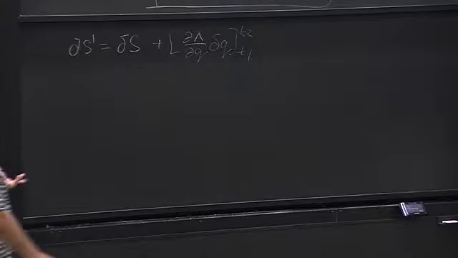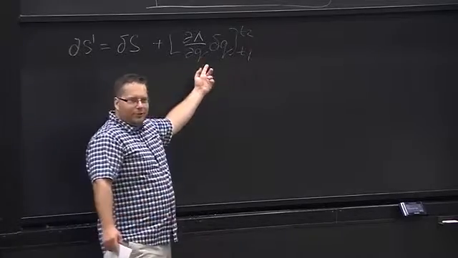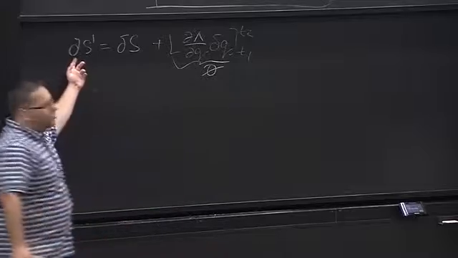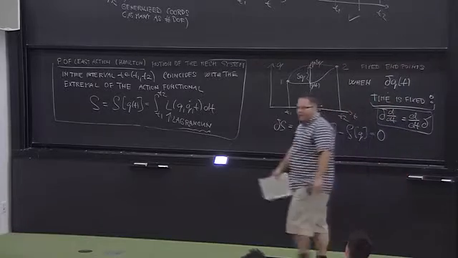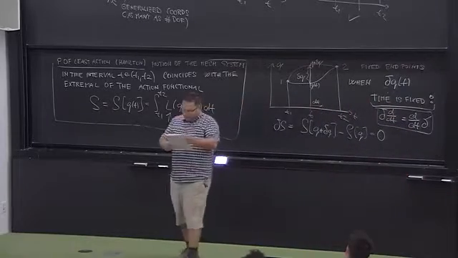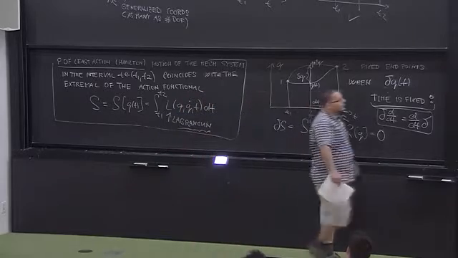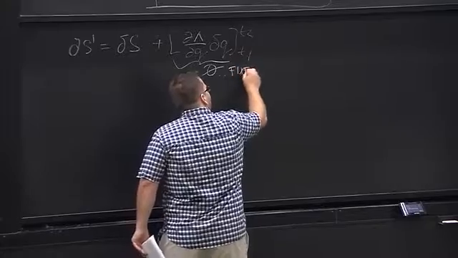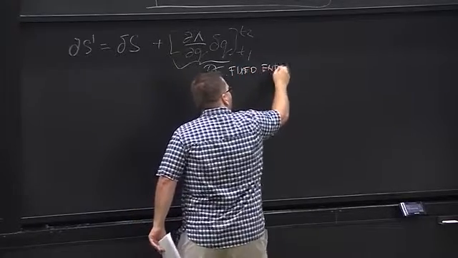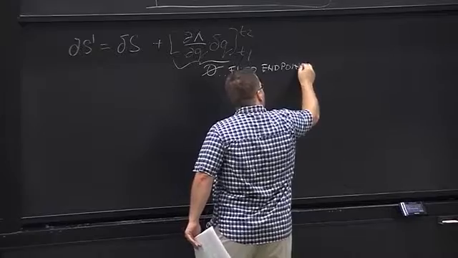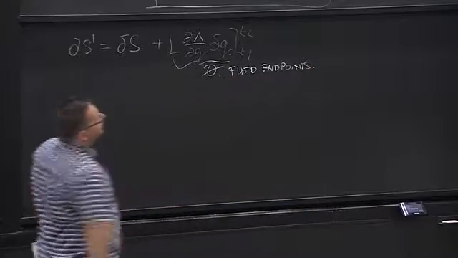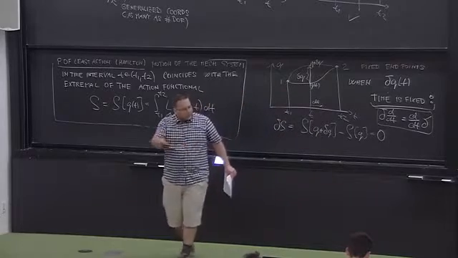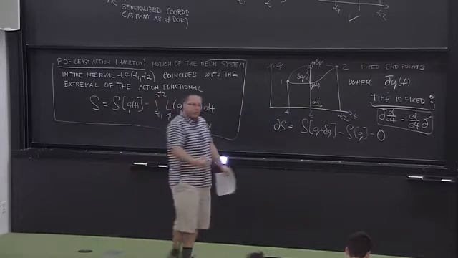So again, delta q at t1 is 0 and delta q at t2 is 0. So this term is 0, and you see that the variation of S prime is the same as the variation of S. That's the sneaky way to calculate this, and it's because of the fixed endpoints. So that is this freedom in the Lagrangian description, and such related Lagrangians describe the same system.